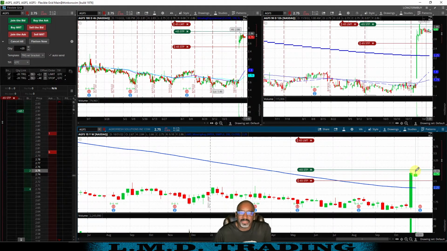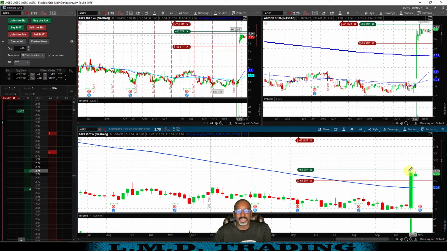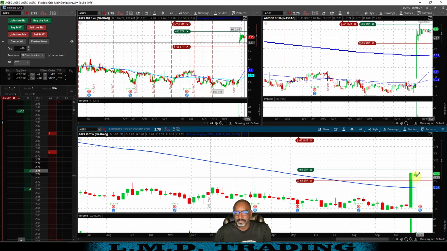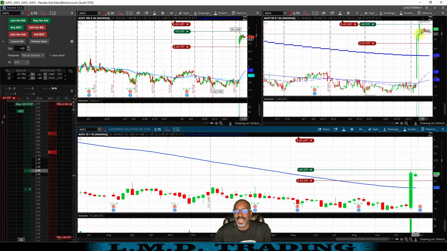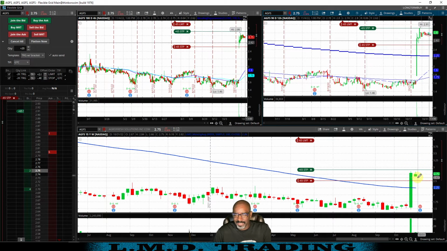So on my swing trades or my longer term trades, I do give them more room. I got my entry at 2.91, which was the high of this candle on the 12-hour. And I got my stop below all of this on the 12-hour. So basically, it's like a 3-bar play.